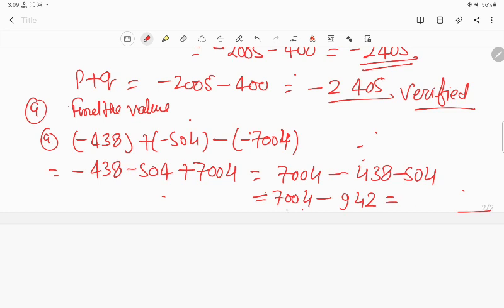Subtract from 7004, that is 2, 4 minus 2 is 2, here is 10, 10 minus 4 is 6, and here is 0. 6062 is your answer.